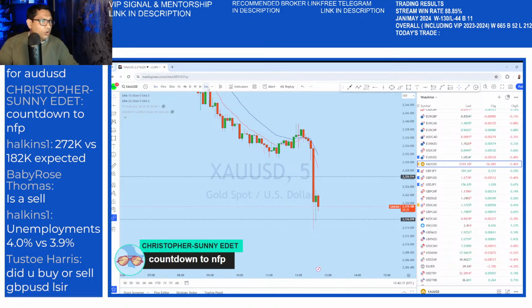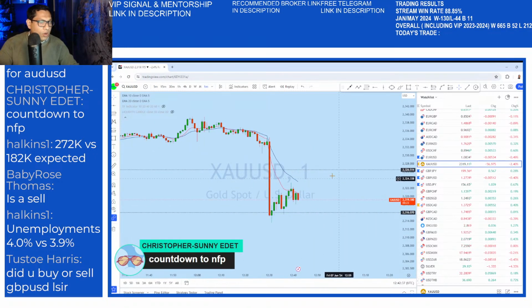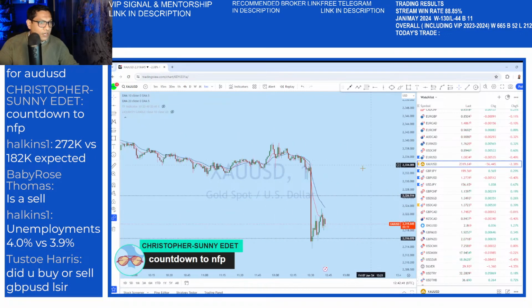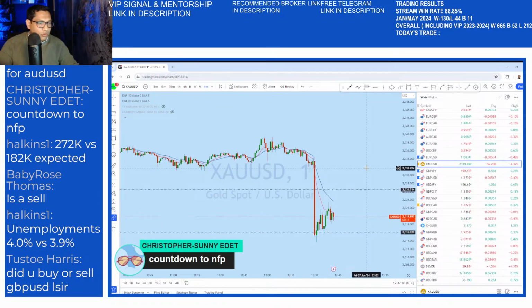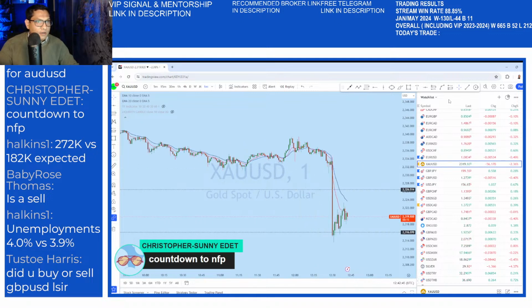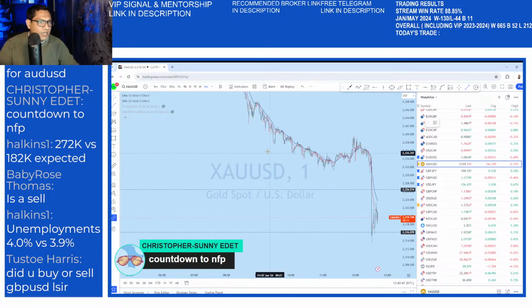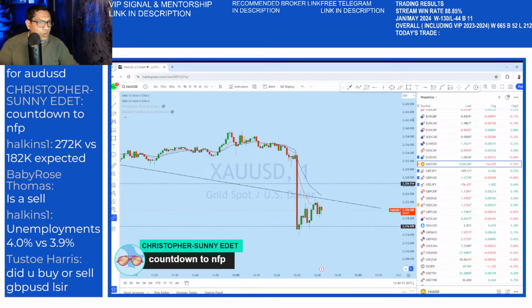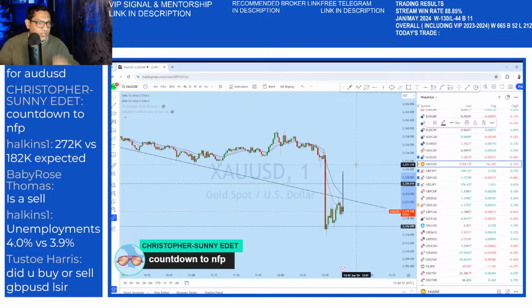Okay, so this is the 1 minute chart. We need to look at the 1 minute on gold at the moment because it's now high volatility. This is a structure that we have seen completely broken. What we need to see for gold is to break out again in that direction and then return back.